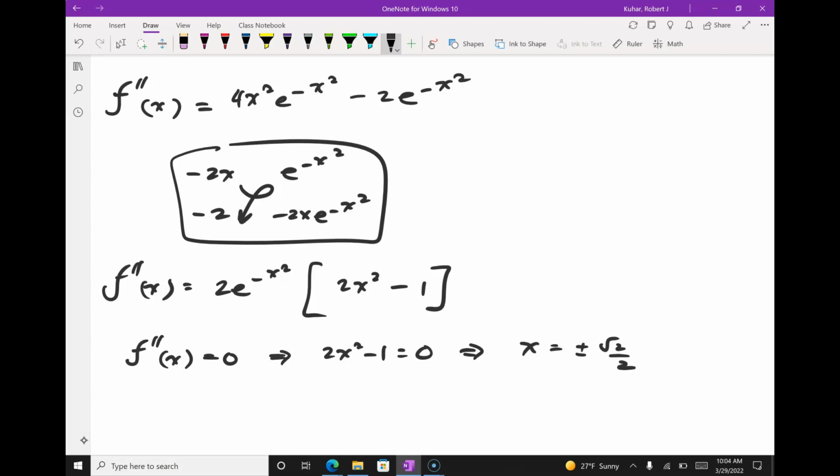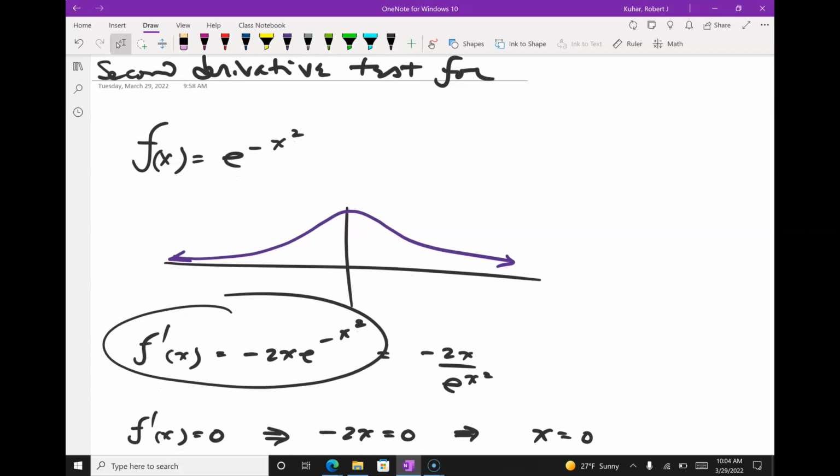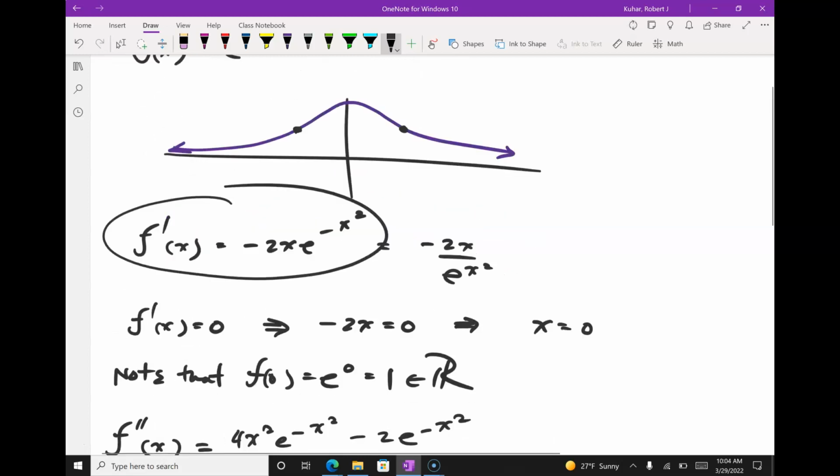These are my critical values of the second derivative, right? So I'm ready to set up my number line, right? Remember, I know what my function looks like, right? I can see it's the whole number line, right? And I'm thinking that where I'm turning on this curve is my plus or minus square root of 1/2, square root of 2 over 2, right?